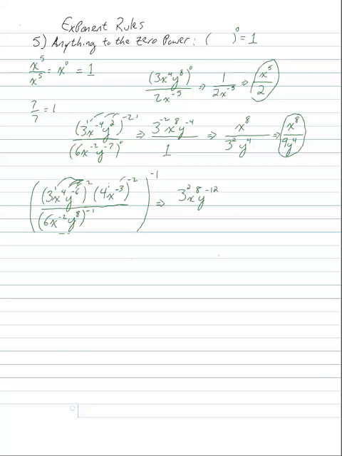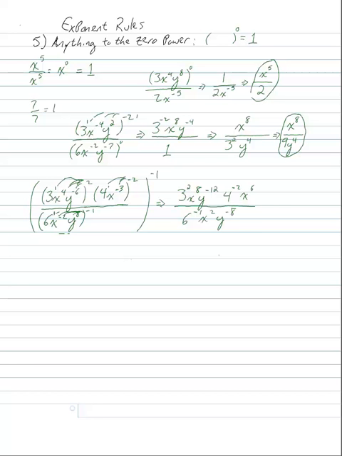So 4 to the negative 2, x to the 6. Now I'm going to get that 6x to the negative 2, y to the 8 out of parentheses, so I'll distribute that negative 1, remembering to put a 1 next to all my numbers. So 6 to the negative 1, x to the positive 2, y to the negative 8.